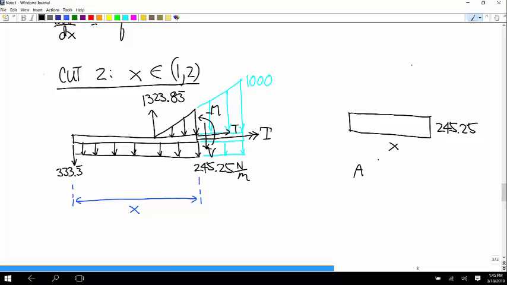And so the area, the total force, is 245.25x. And the centroid is right in the middle again. So that's x over 2.